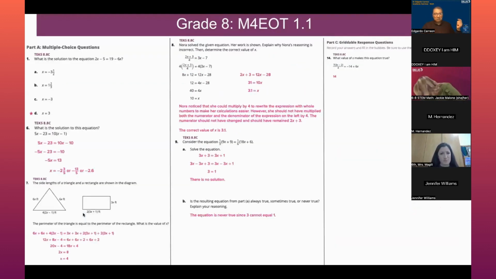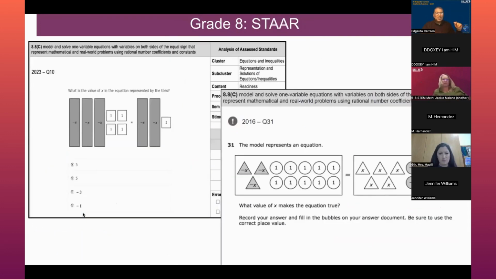Here's the EOT. The EOT has no models, but STAR 2023 8th grade did have one item with models. And then 2016 had another item with models as well. I couldn't find one for 2022 in 8th, nor 21 or 20.